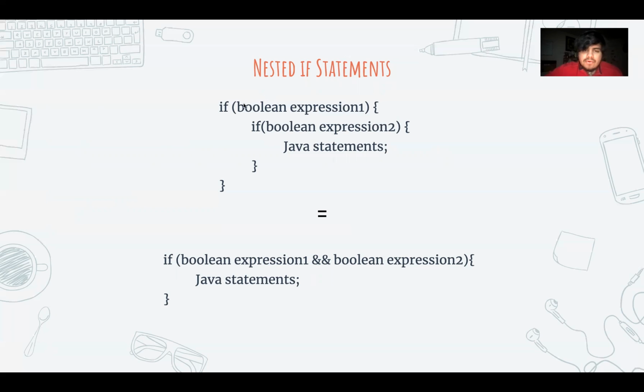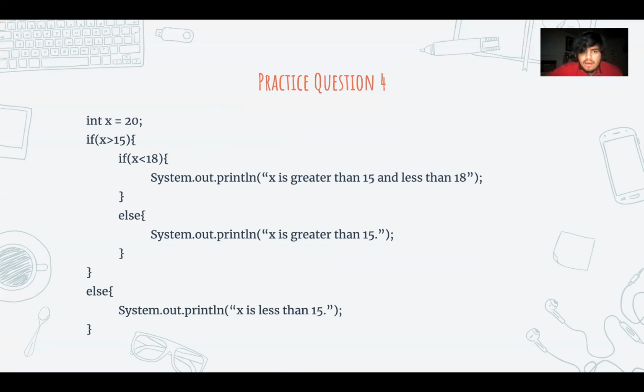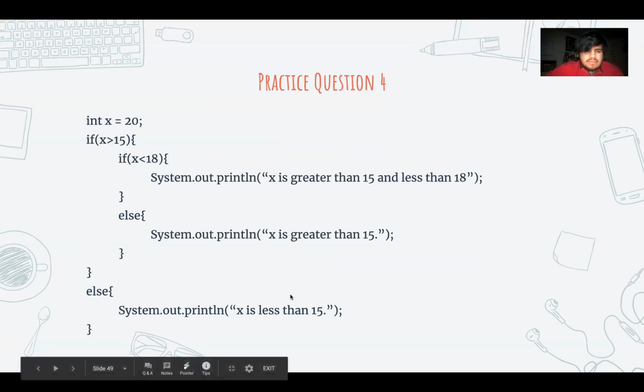So technically speaking, these have to be true in order for this Java statement to execute. So you can rewrite this whole thing as Boolean expression 1 and Boolean expression 2. I don't think we need to worry too much about this nested if statement, but you could do this practice problem a little bit later.